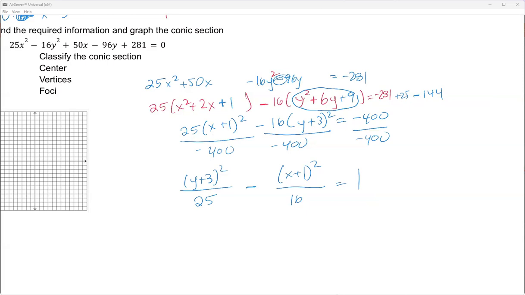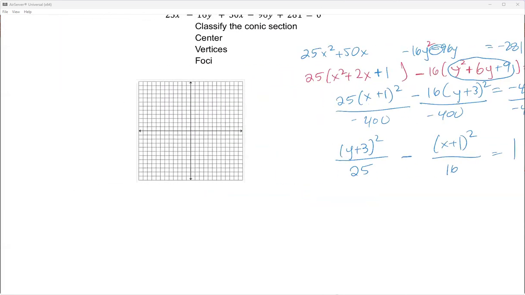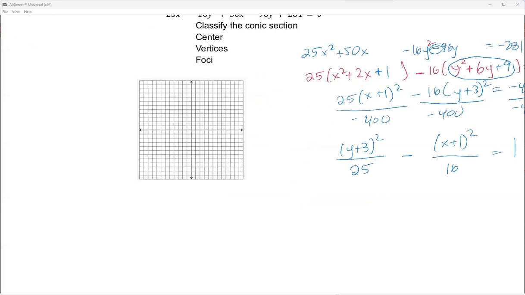So our center now is negative 1, negative 3. And then on the y, we're going up 5, down 5. On the x, we're going left and right 4.